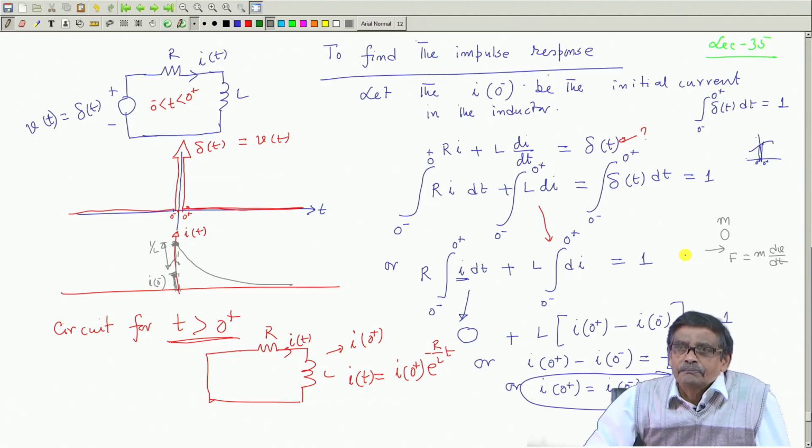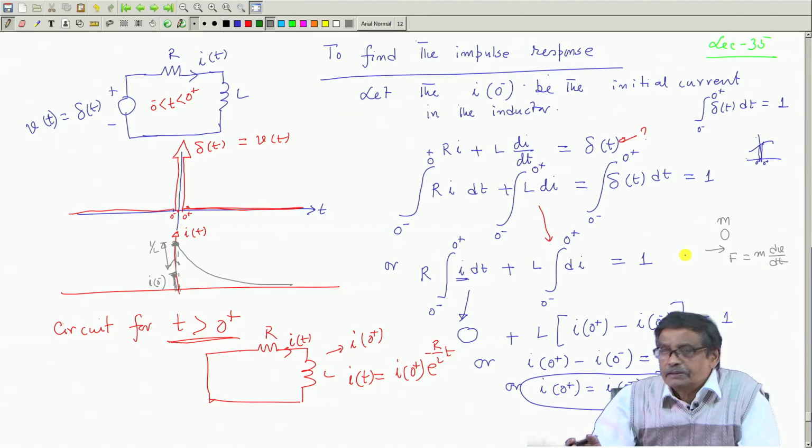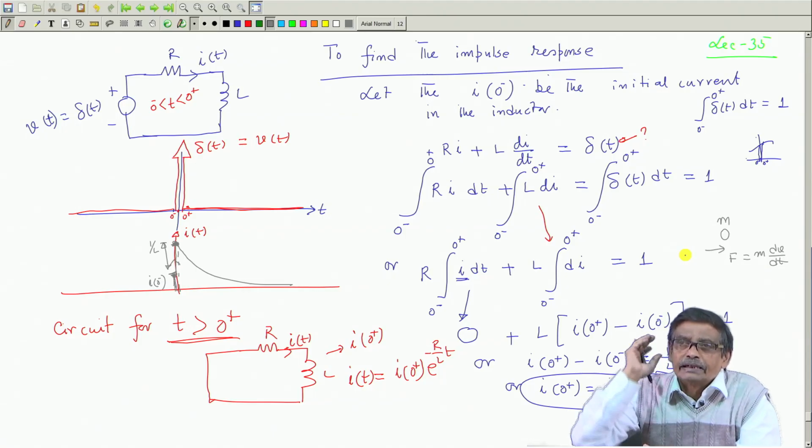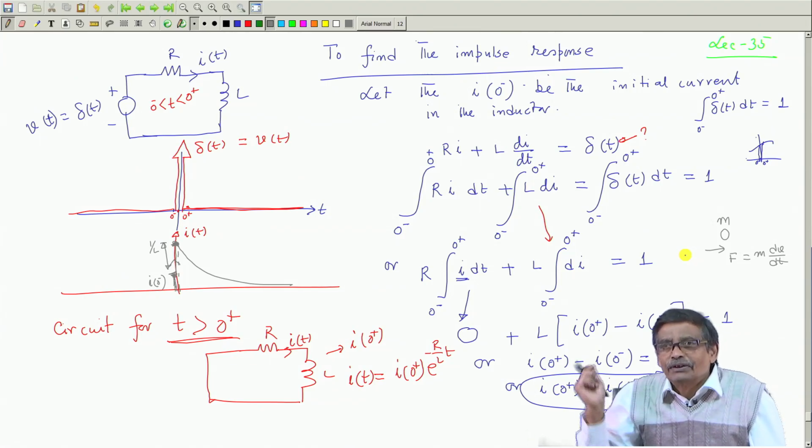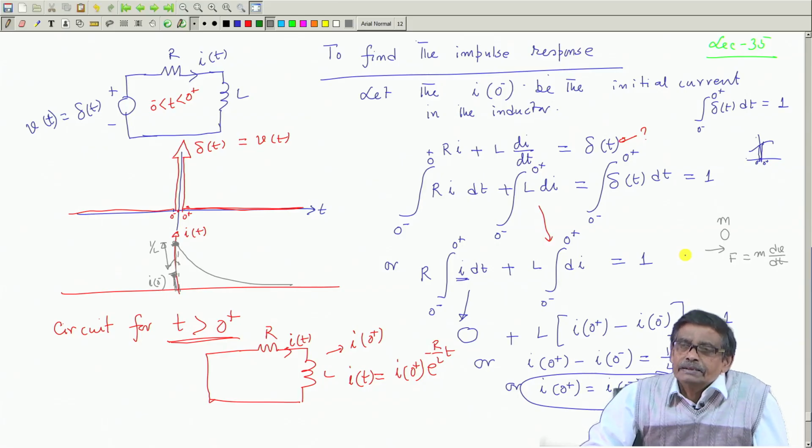Example: suppose somebody is with a bat and I am throwing a ball to him with some known velocity. So at t equal to 0 minus, the velocity was V 0 minus. Then he hits a six with all his might.